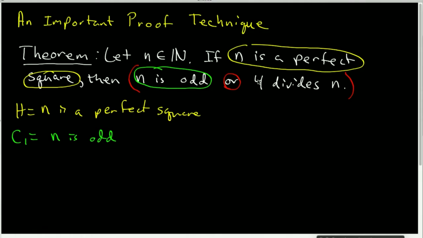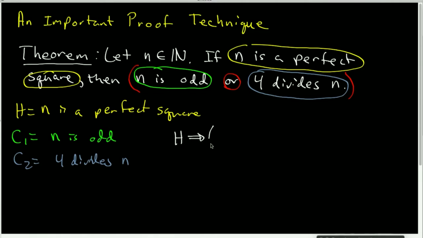The second part of the conclusion is the statement 4 divides n, and I will call that C2. And when I label things in this way, the theorem itself can be seen to have the structure: the hypothesis implies the compound conclusion C1 or C2.